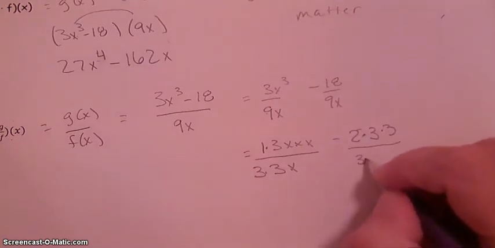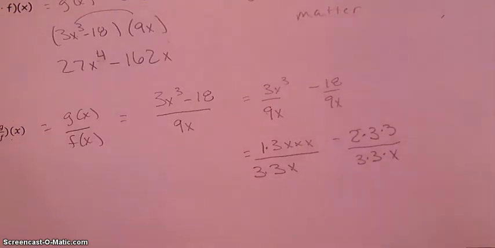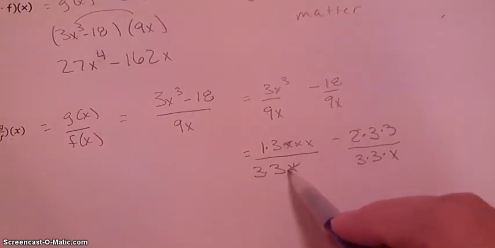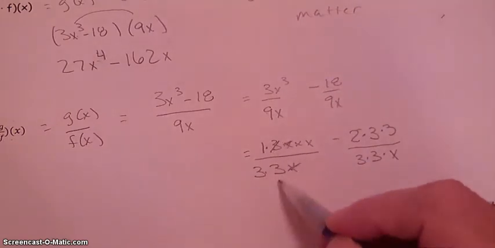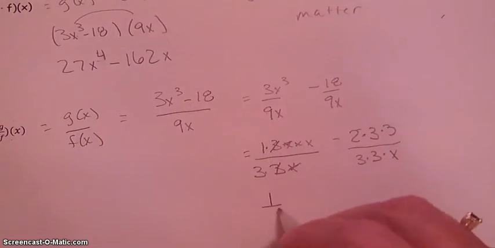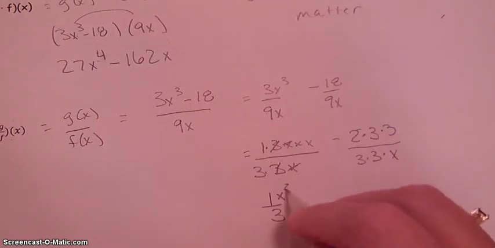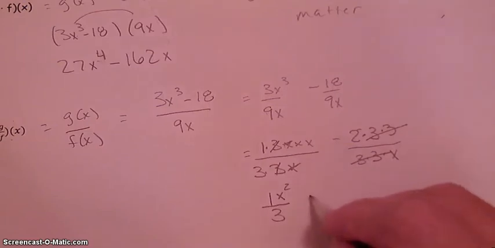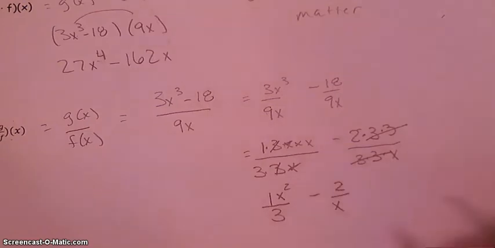And then 9 factors out to 3 times 3, and then you have an x. So now you just want to cancel everything out. This x cancels, this cancels, my 3 cancels, so I'm left with 1 over 3 and an x squared on top. And then here my 3's cancel, and I'm left with the 2 on top over the x.